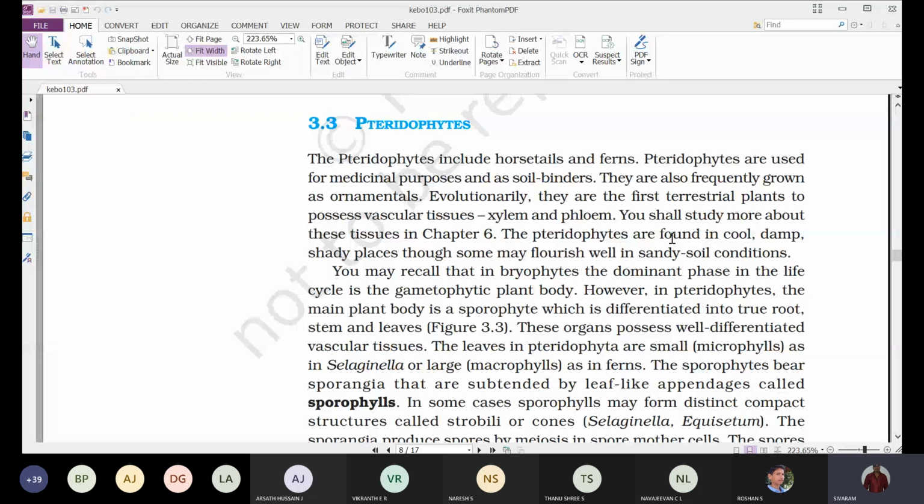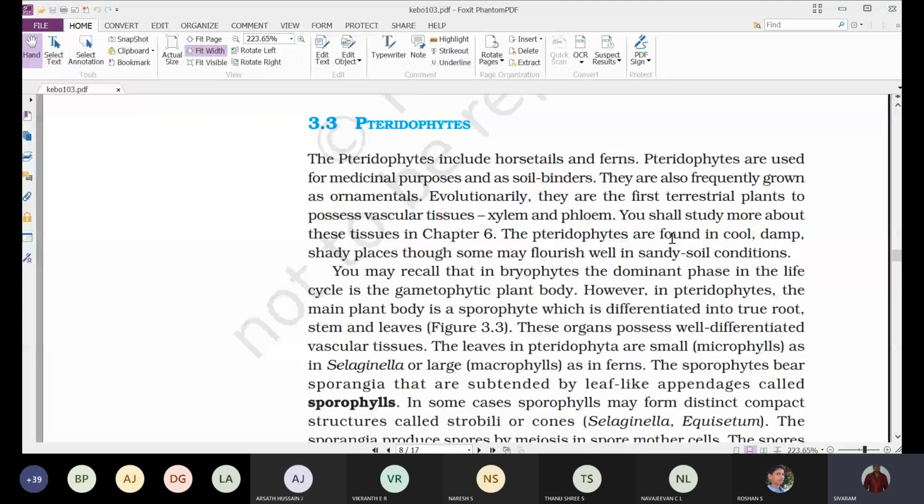In that, the dominant stage is the gametophyte, because it is green in color and performs photosynthesis freely, whereas the sporophyte depends on the gametophyte for nutrition, is not that elaborate, and exists only for a brief period of time. Once the spores are produced, the sporophyte will die.